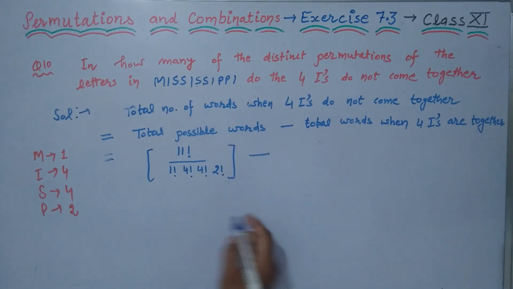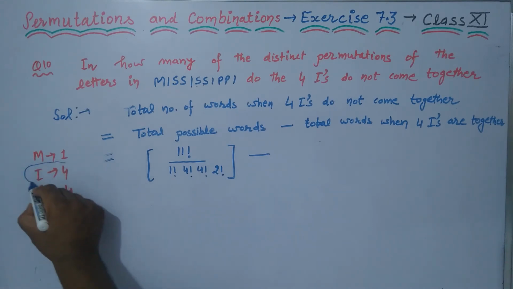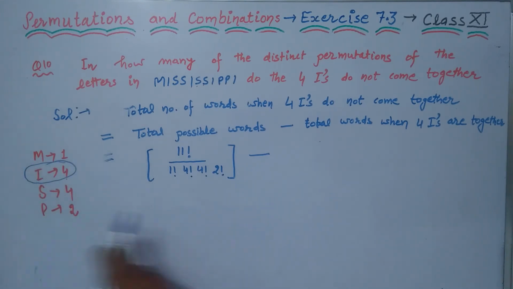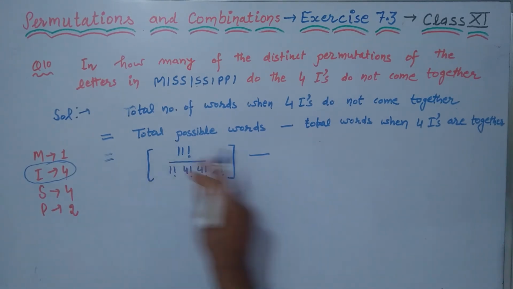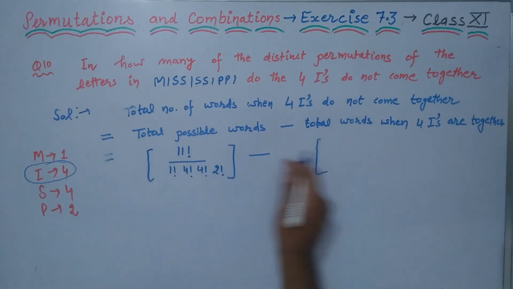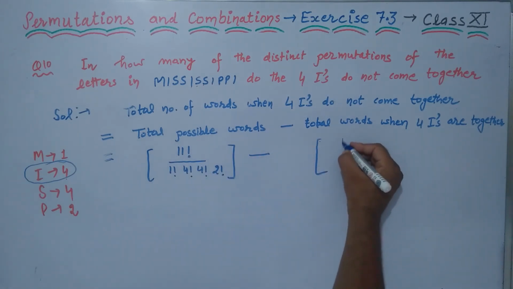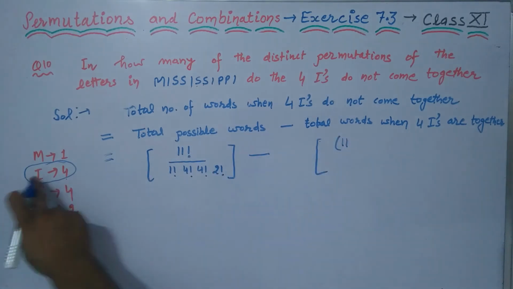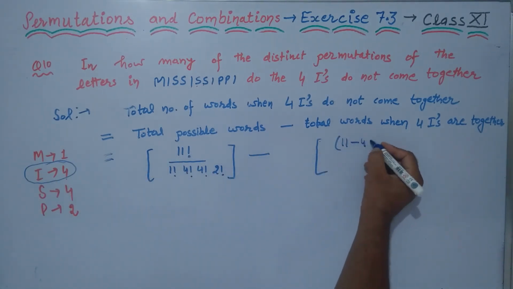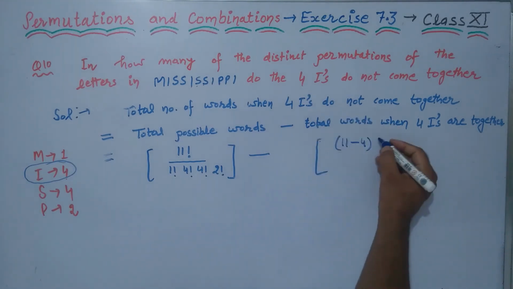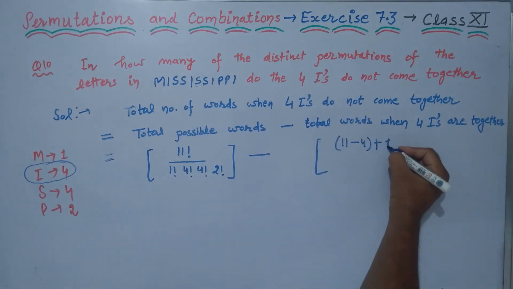Now what we do, we fix all the 4 I's together. Now out of 11 letters, we subtracted all these 4 I's, but these 4 I's are also one letter.